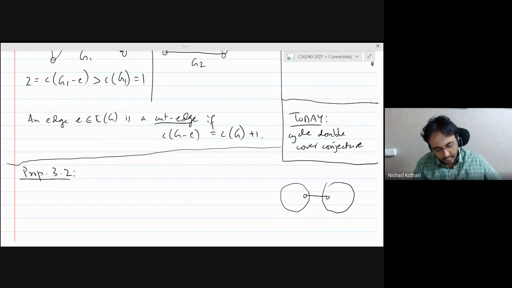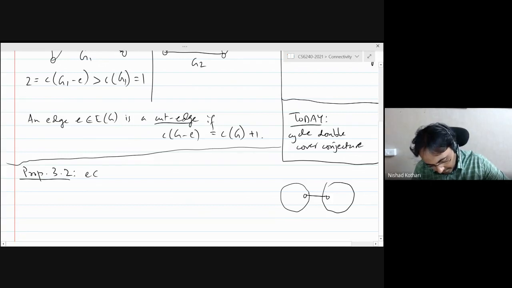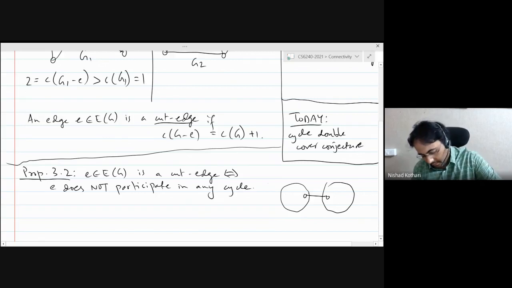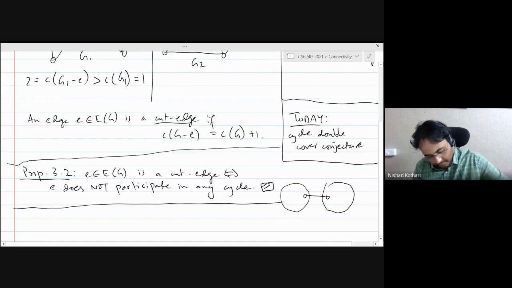Exactly. So that's the proposition. An edge E of a graph is a cut edge if and only if E does not participate in any cycle, or if you like, does not belong to any cycle. And this is easy to prove. It's an exercise. Do it yourself.